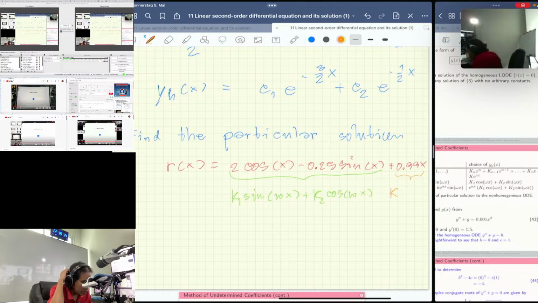Oh no, it's going to be, let's say, k1x versus, let's say this one is k2 and k3.